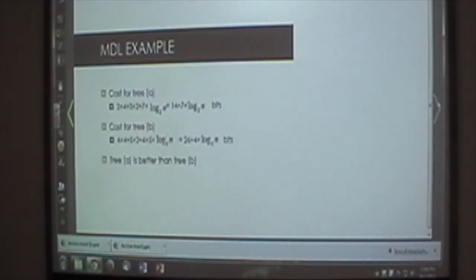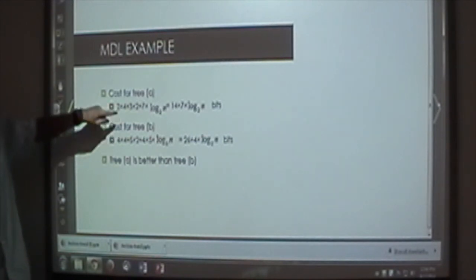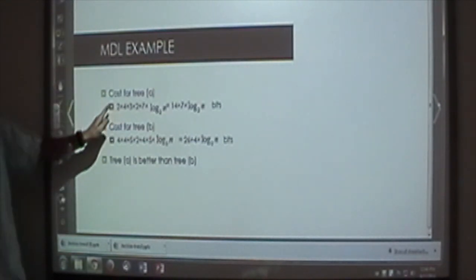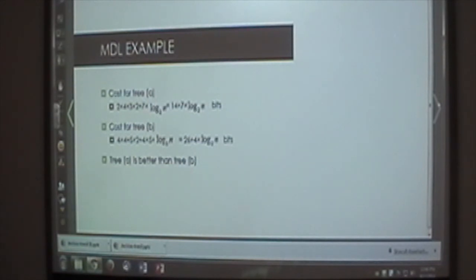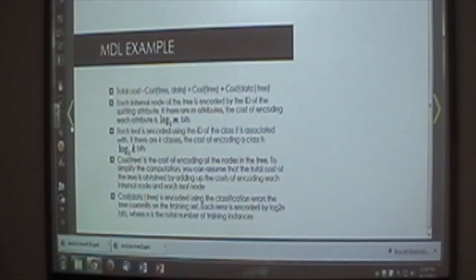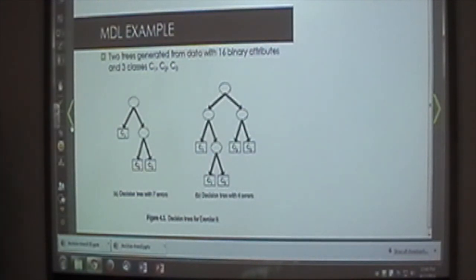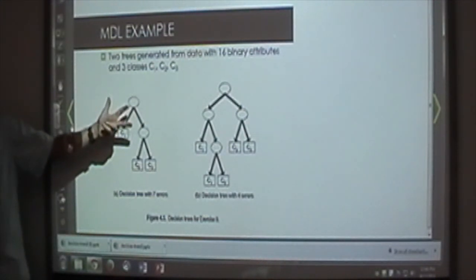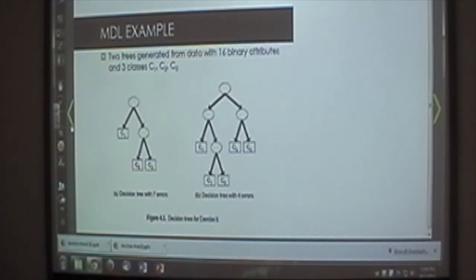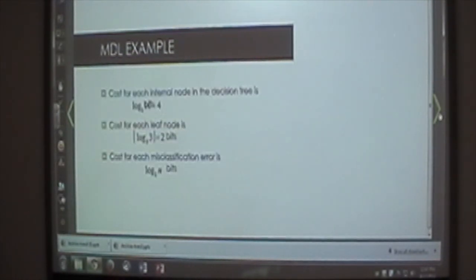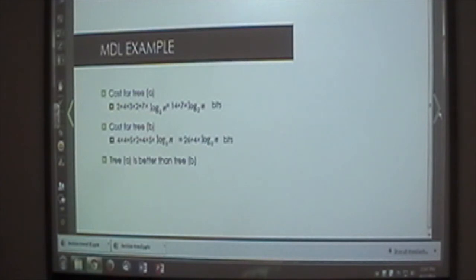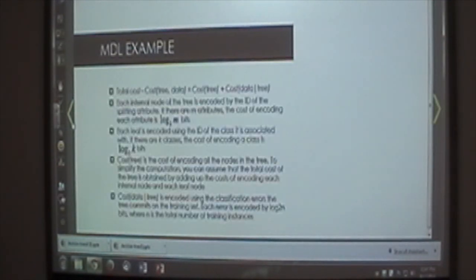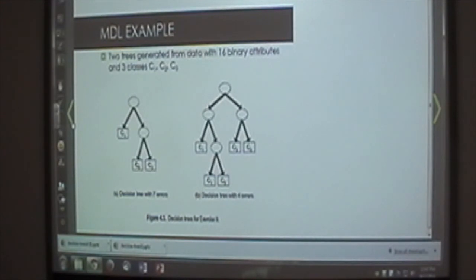And so let's now calculate in general, and there's a piece that I have to discuss here, but the cost for tree A, okay, so going back to tree A, notice it has how many internal nodes? It has 2 internal nodes and 3 classes, right? And the other one has 4 internal nodes and 5 classes in the end, right?